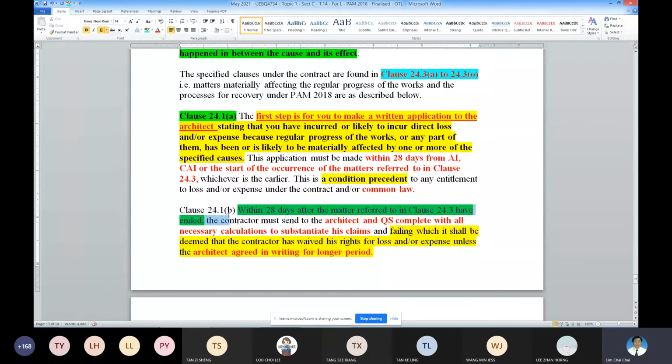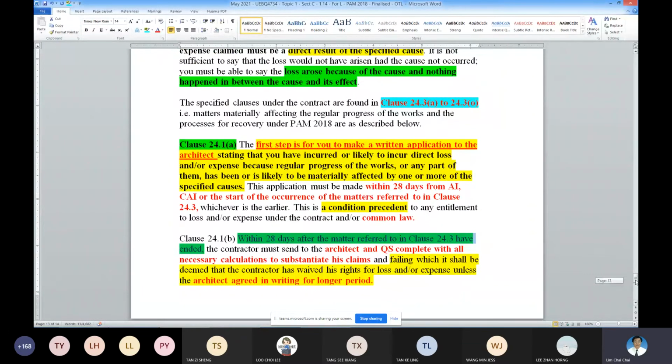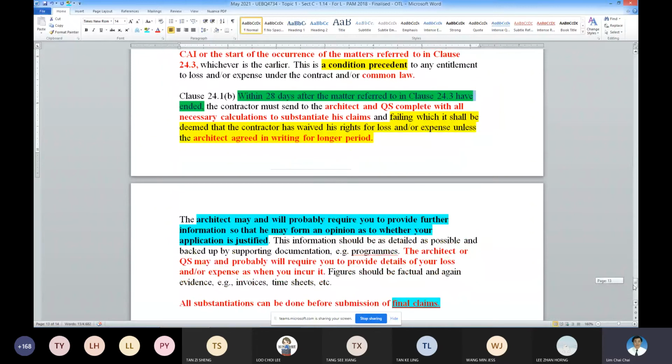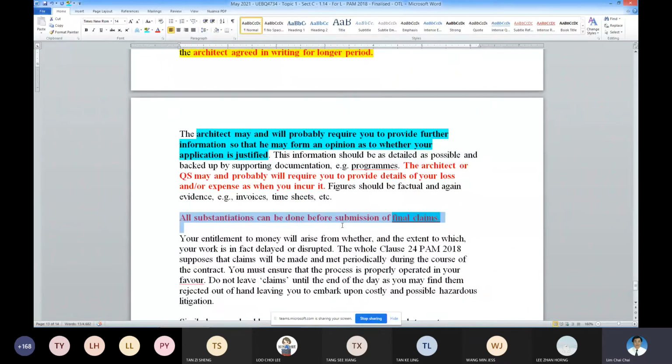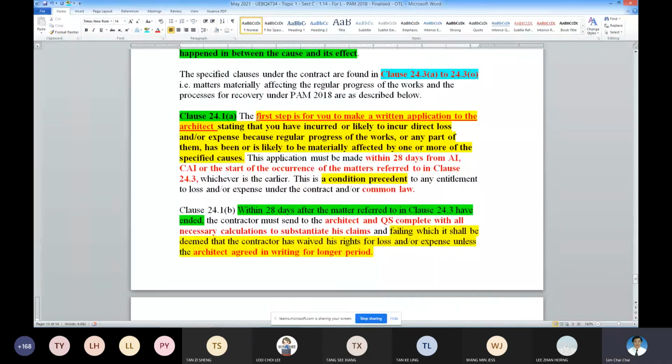Okay, why? I mentioned there is a last boat for you to take. Okay, this is your last boat for you to take. Okay, but if the first step 24(1)(a) is not done, there is no boat for you to take. I repeat, if 24(1)(a) is not done, there is no boat for you to take because your rights are gone under the contract. Okay, so 24(1) is done.